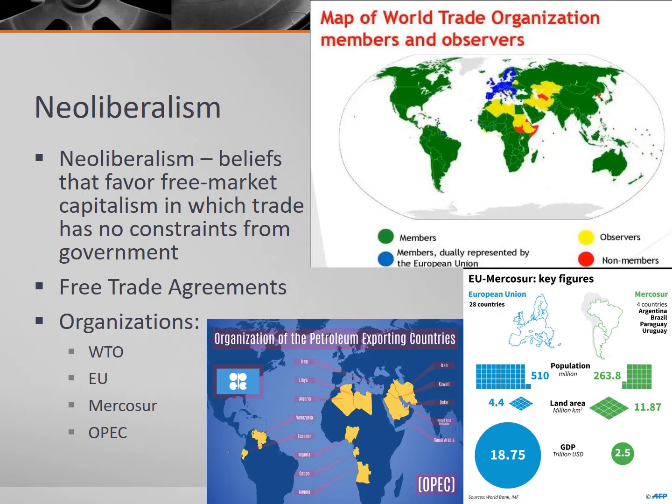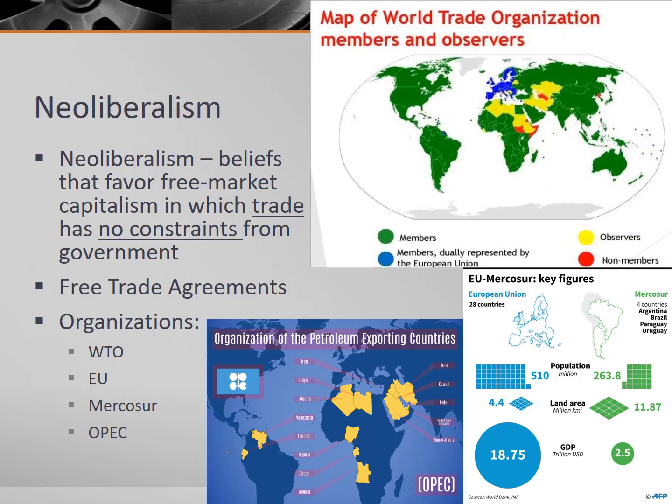But in general, more governments have moved toward deregulation, or removing government rules on things like trade. And this is part of a larger movement called neoliberalism. Neoliberalism is a set of beliefs that favor free market capitalism, in which trade has no constraints from government.